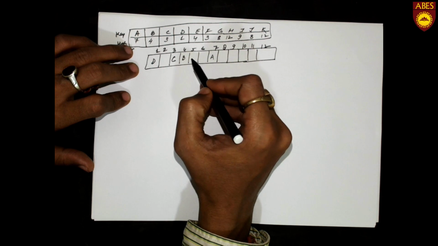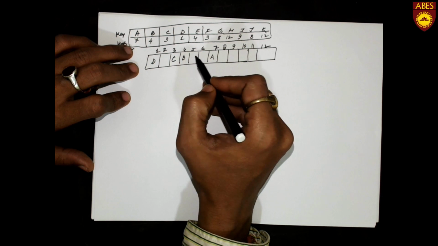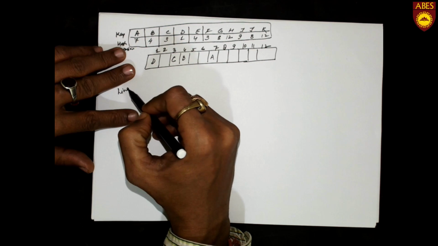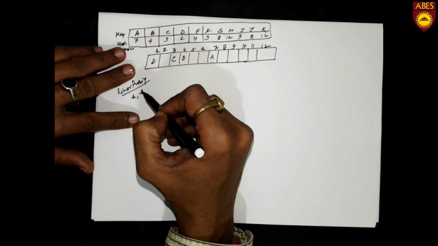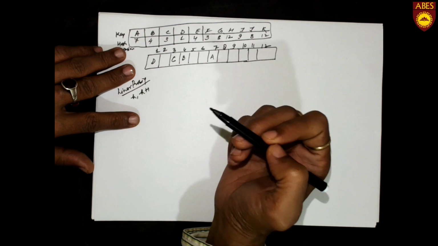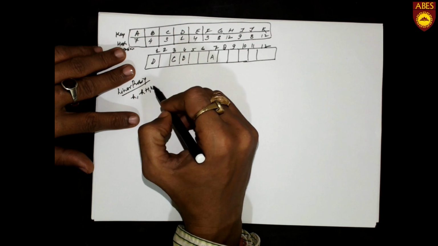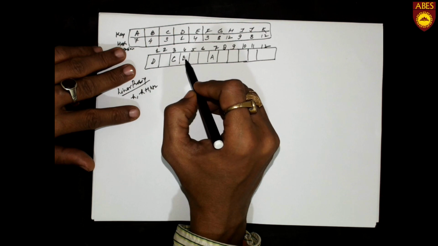E has location 4, but the fourth location is busy, so we will try to find another location next to it. Let's say we are doing the linear probing method. So in linear probing, if the H location is busy, I will look for the H plus 1 location. If H plus 1 is busy, I will look for H plus 2. Since location 4 is busy, I cannot store E here, there is a collision.